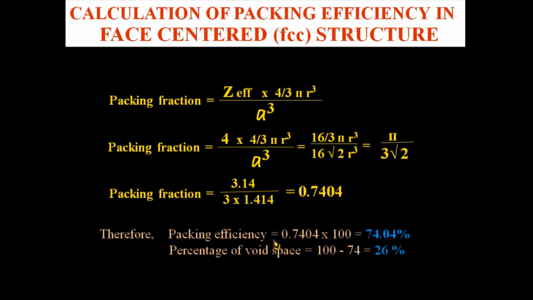Therefore, packing efficiency is equal to, when we multiply this packing fraction by 100, 74.04%. And here we calculate the percentage of white space also by using the formula 100 minus packing efficiency, that is equal to 26.